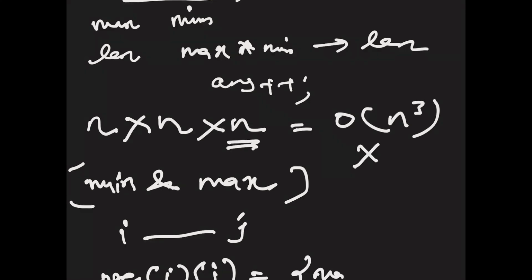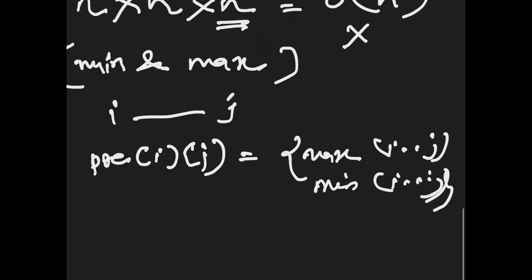This stores the maximum in the range I to j and minimum in the range I to j. This we can very easily do because this will be basically a recursive approach. So prefix of I, j will be maximum of prefix of I, j minus 1 and the element at j, and minimum will be same, minimum of prefix of I, j minus 1 and the element at j.